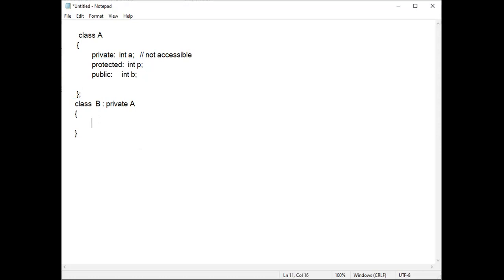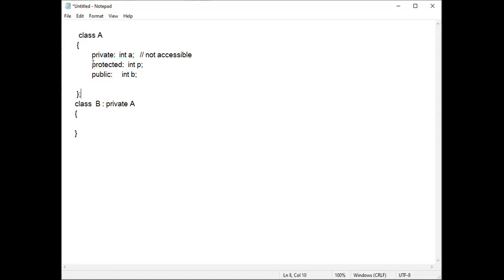So if you are inheriting, you should notice in which section it will come. In class A it is present in the protected section and the public section.